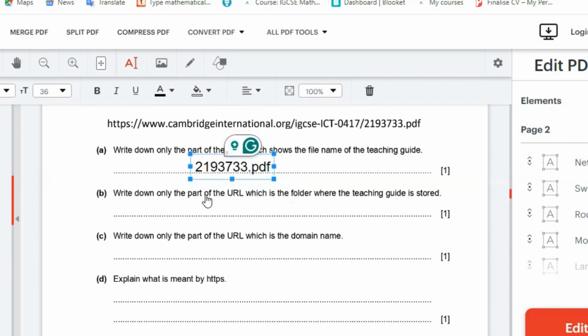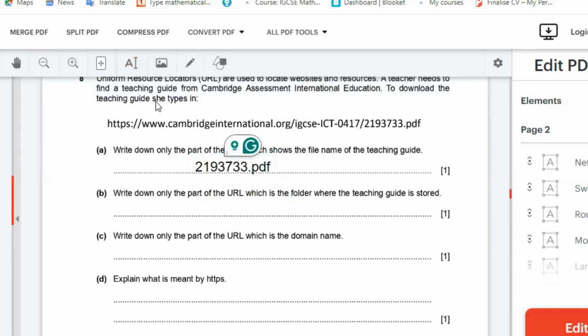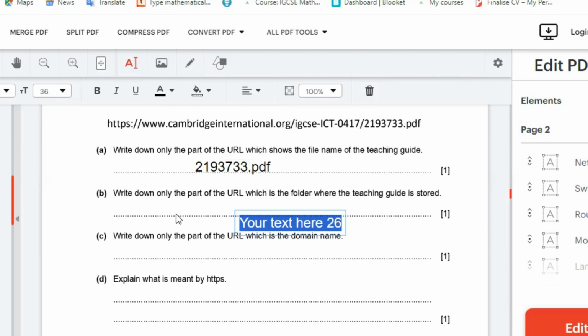Then question 8B says, write down only the part of the URL which is the folder where the teaching guide is stored. How do you get where the teaching guide is stored? It is what precedes the file name. This is the file name, so here is where it is stored: IGCSE ICT 0417.